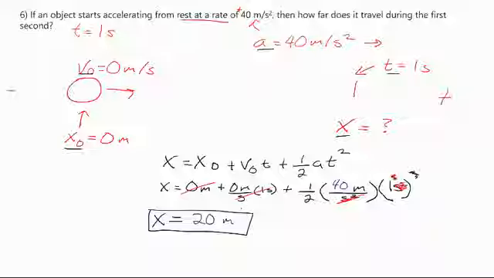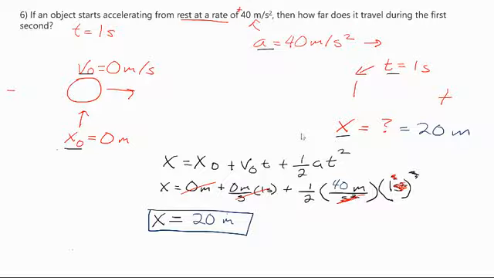So the last part is the common sense check. This thing is accelerating at 40 meters per second squared. So after the first second, when we get all the way over here, this value over here is 20 meters. After the first second, it's gone 20 meters. Which, if you think about it, should be like kind of an average, right?